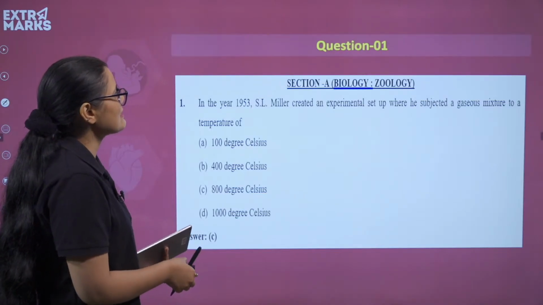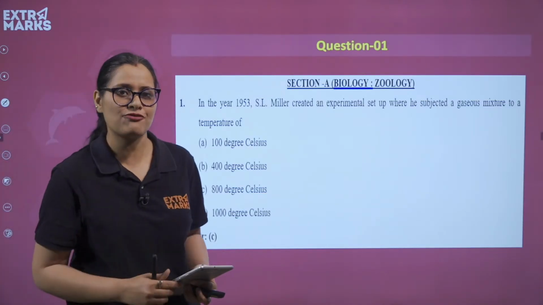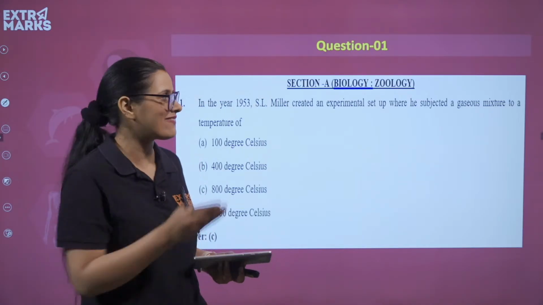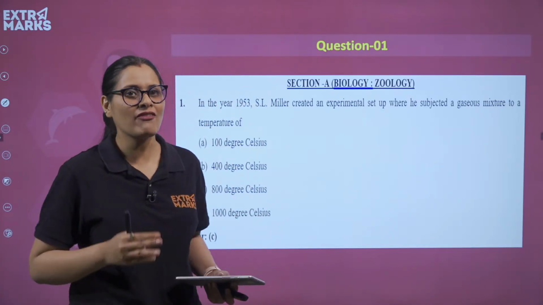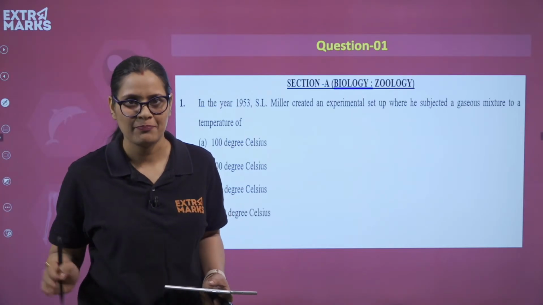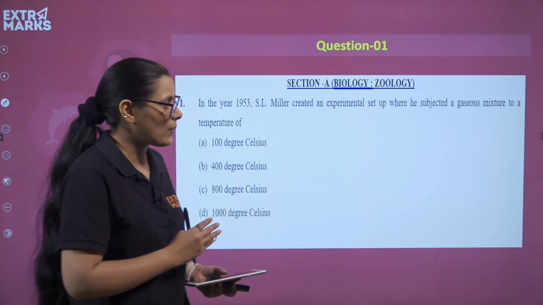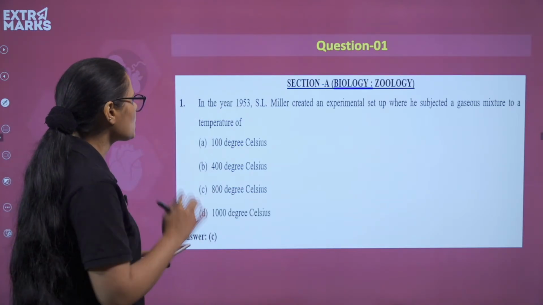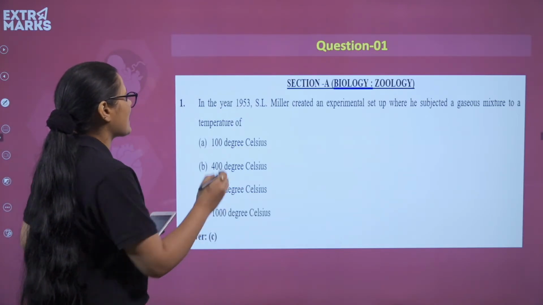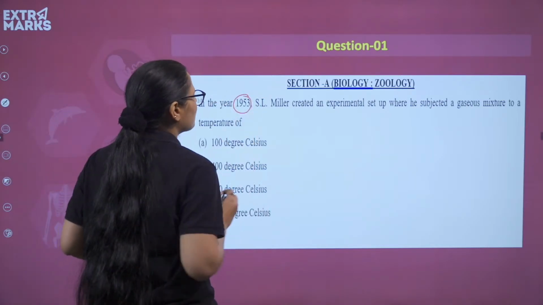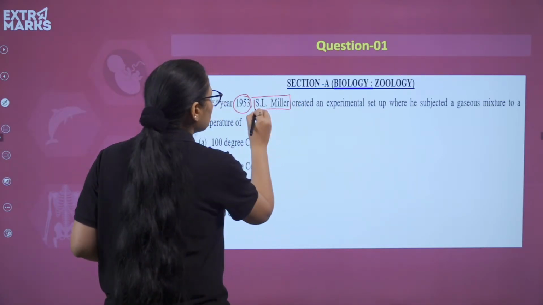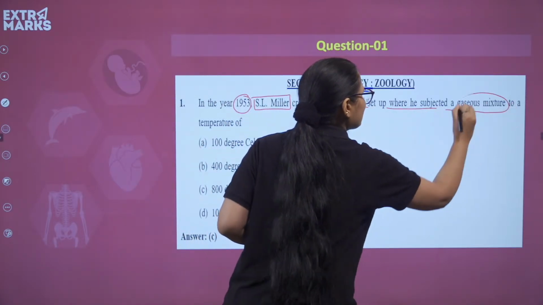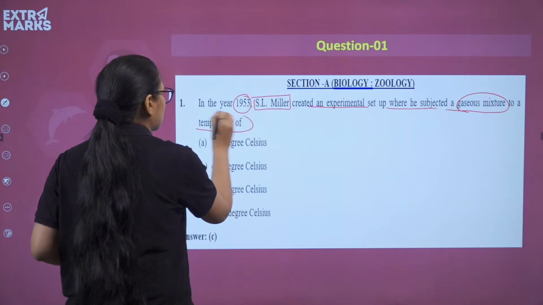Now let's discuss in zoology the very first question in section A. You all know compulsory questions are there in section A, and then you have optional questions in section B. So all the questions are compulsory in this section, right? So start with the very first question, which says that in the year 1953, S.L. Miller created an experiment setup where he subjected a gaseous mixture to a temperature of.